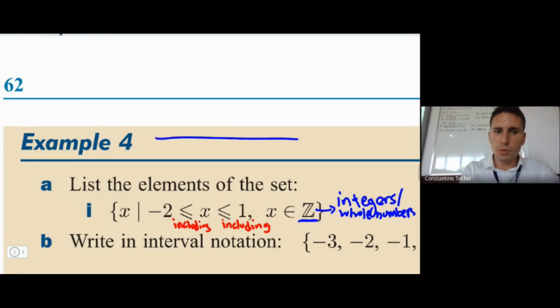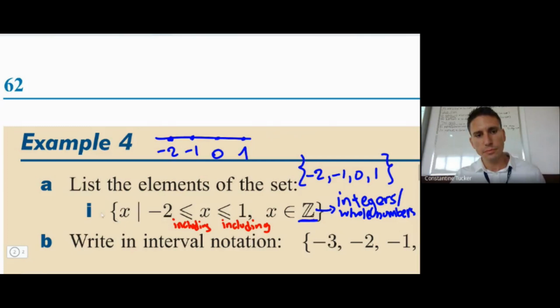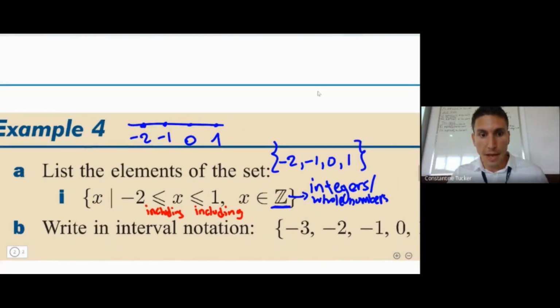Well, these would be -2, then you've got -1, then you've got 0, and then you've got 1. So if we were to list these numbers, we would say this is just the numbers -2, -1, 0, and 1. So instead of writing this set, they could have just written -2, -1, 0, 1. That's it. Let's move on to the next one.